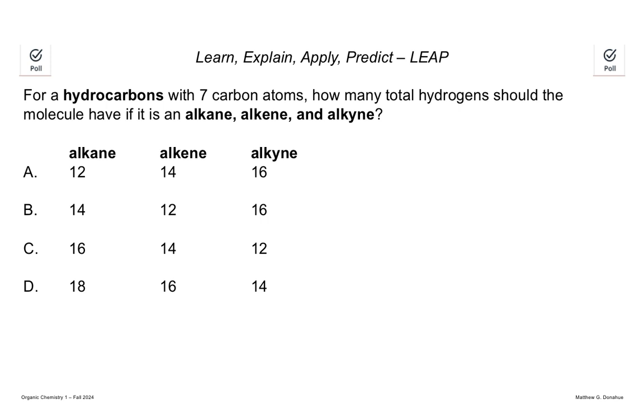So here's a question. If you had 7 carbons, how many total hydrogens should each functional group have? So this is CnH2n+2, CnH2n, and for alkyne, CnH2n-2.